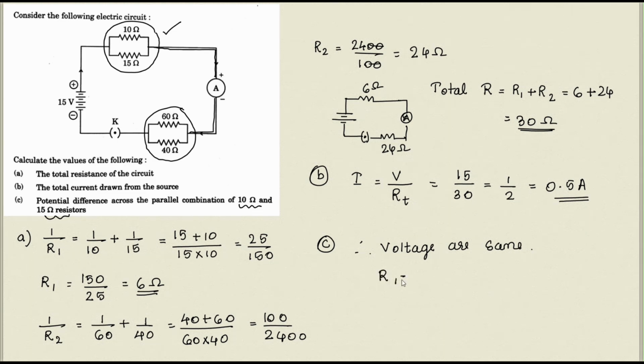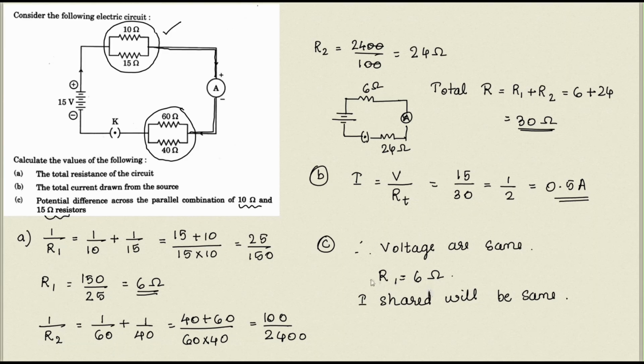That is R1 is equal to 6 ohm. And we know that as R1 and R2, the effective resistances are in series, so definitely the current shared will be same between R1 and R2. Yes, because in series connection, current will be same but voltage will be different. But in parallel connection, voltage will be same but current will be different.